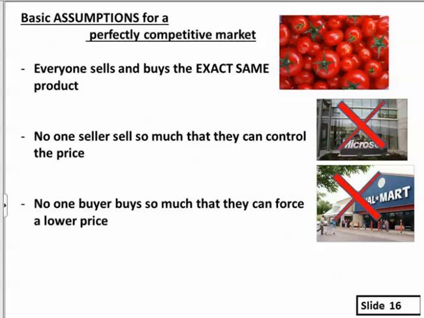Likewise, in a perfectly competitive market, no one buyer buys so much that they can control the price. What are we talking about there? Imagine that you've invented some item and you've talked Walmart into taking it on and selling it in their store.